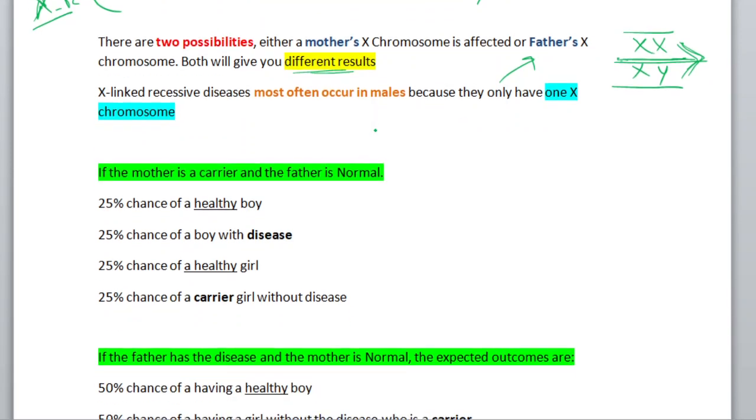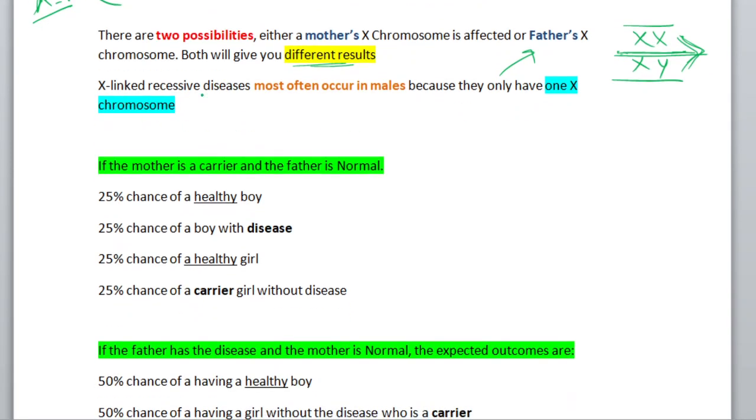Now let me give you an example. X-linked recessive diseases most often occur in males. Why? Let me explain it after this example. Now if the mother is a carrier and the father is normal, the mother is XX and the father is XY.